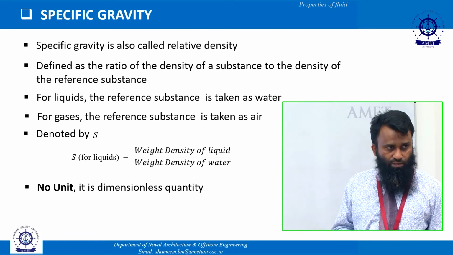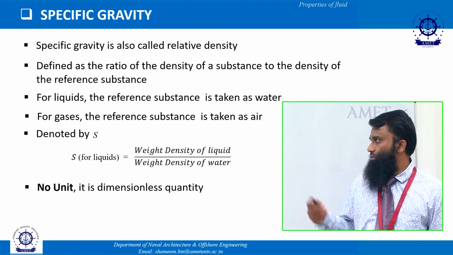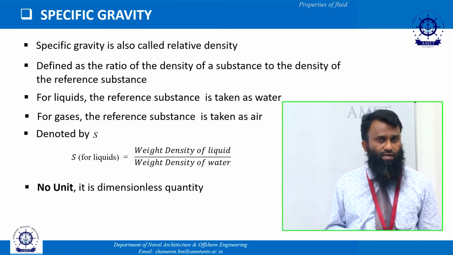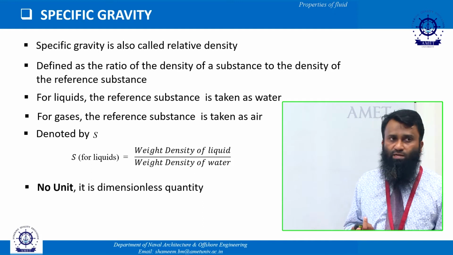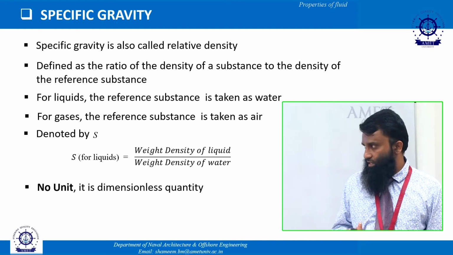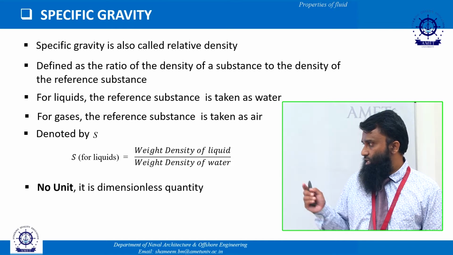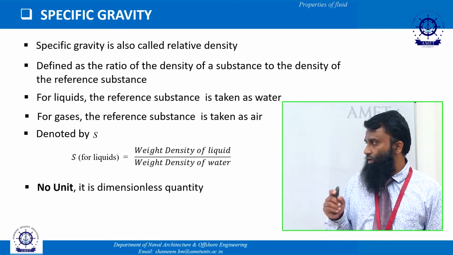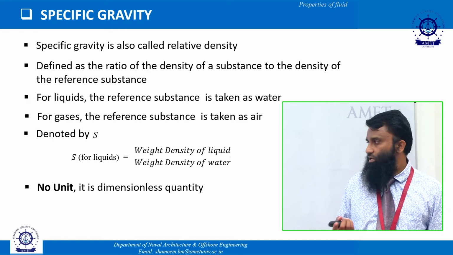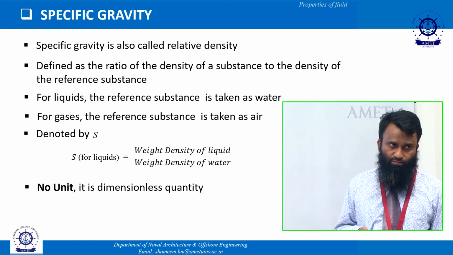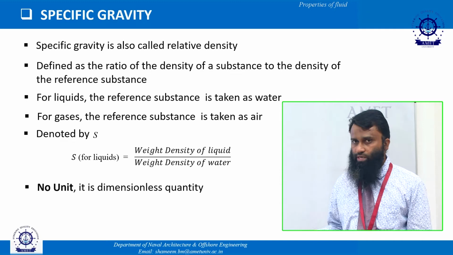For liquids we take the reference substance as water, and for gases the reference substance we take as air. It is usually denoted by the letter S for liquids, and it is defined as weight density of the liquid by weight density of water, and it has no unit.